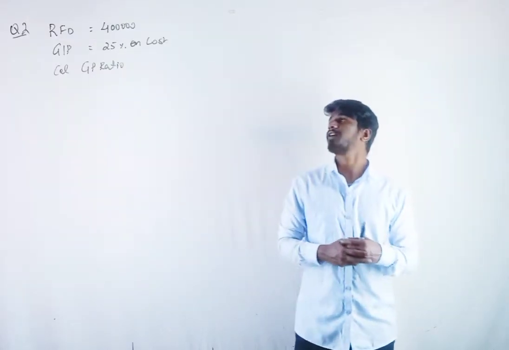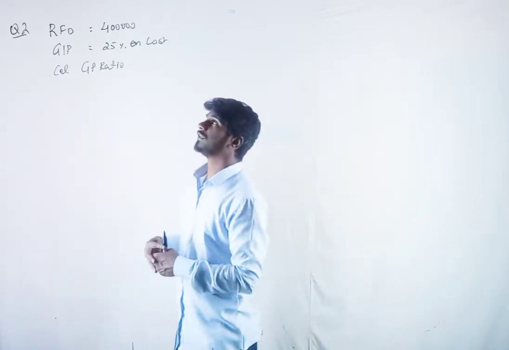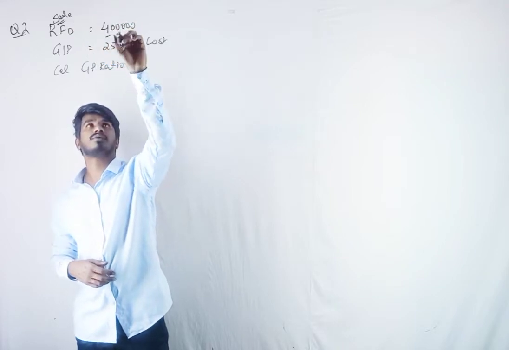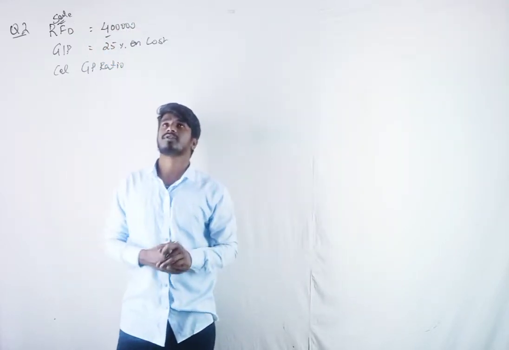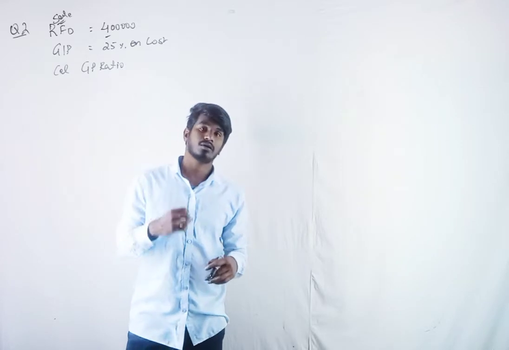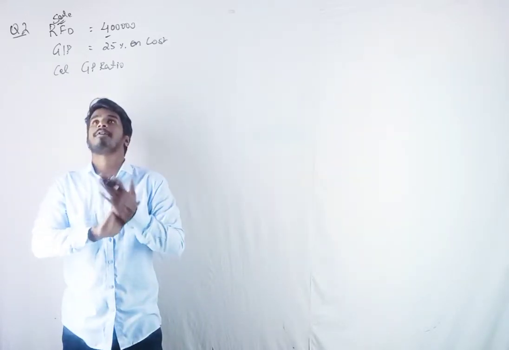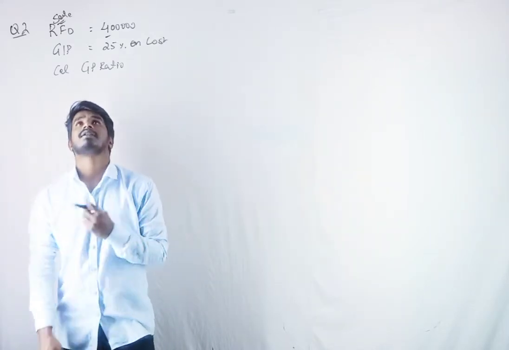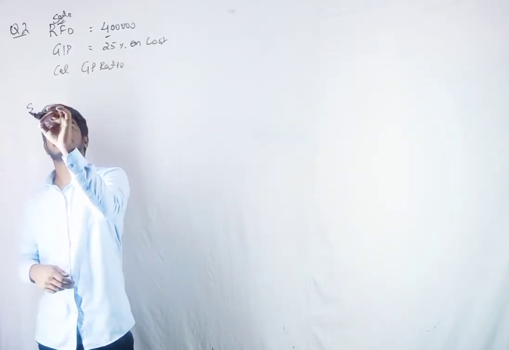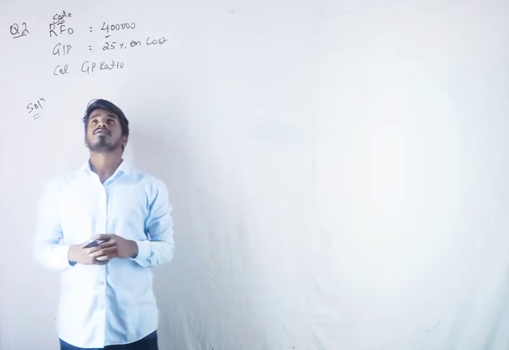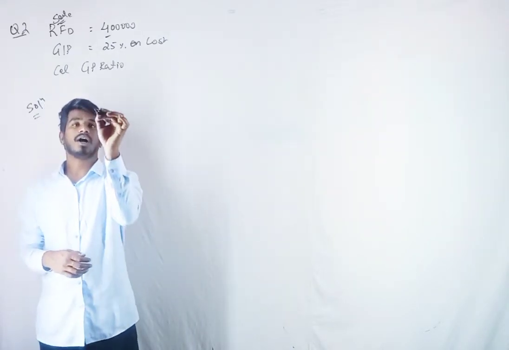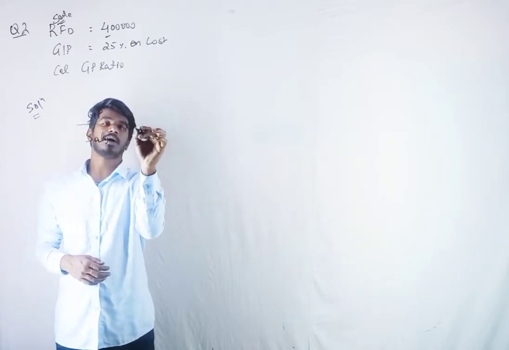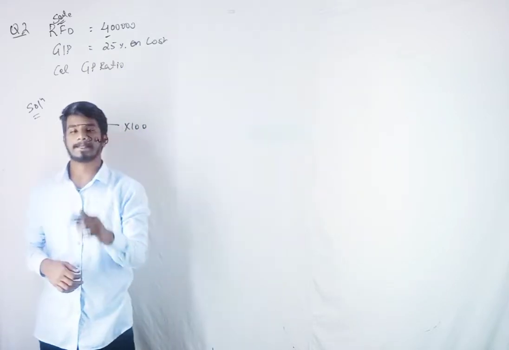So next we have question number 2. Let's read the question. Sales revenue from operation is 4 lakh. Gross profit ratio is 25% on cost. On cost they have given. Fine. You can use the table or straightforward you can take down the solution. So what is the formula? Gross profit divided by sales into 100. Is that correct? Yes.